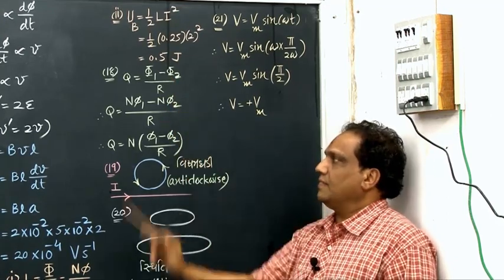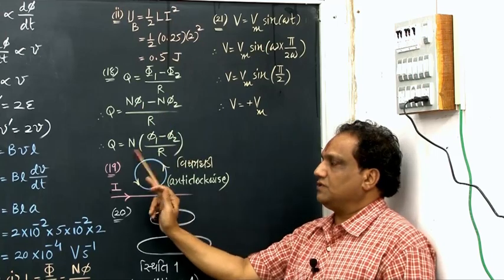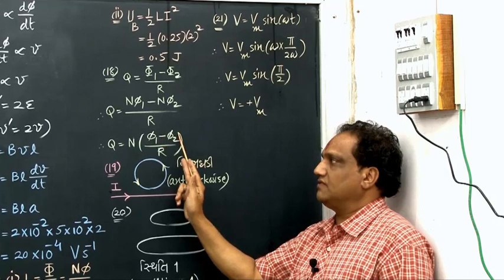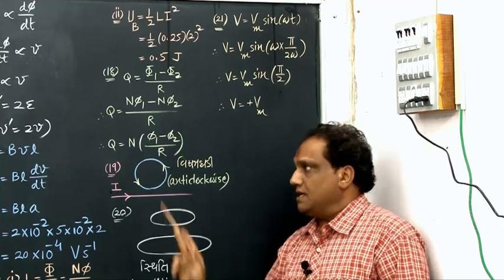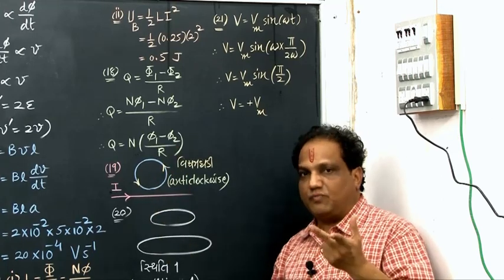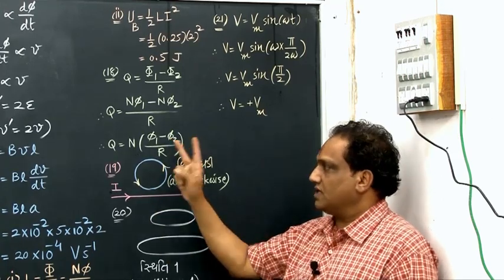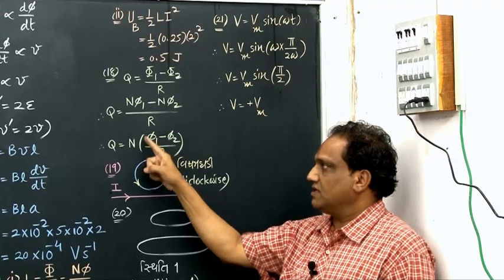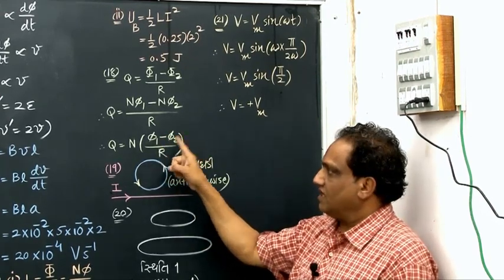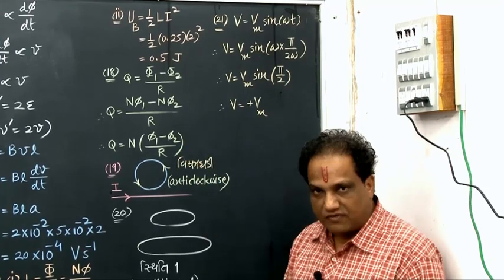Now this N I can take out. Inside the bracket, phi 1 minus phi 2 upon R, correct? Now actually this is the correct answer, but in the textbook they have given the answer in which you will find these terms in reverse order. They have not given phi 1 minus phi 2, they have given phi 2 minus phi 1.